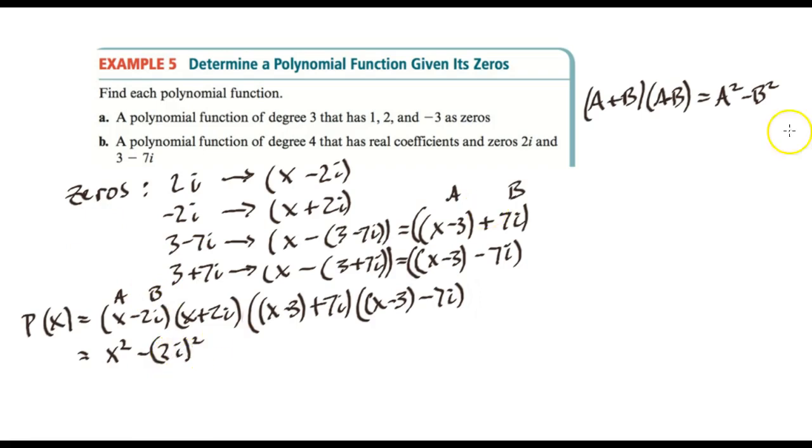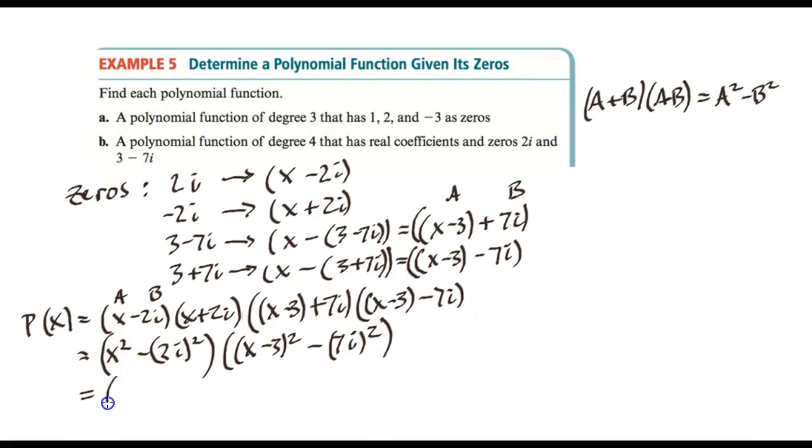And then we have to multiply this conjugate. Notice that we will have x minus 3 squared, because this is like our a, minus b squared, because 7i is like our b. So a squared minus b squared.